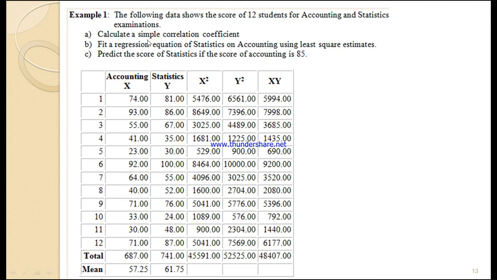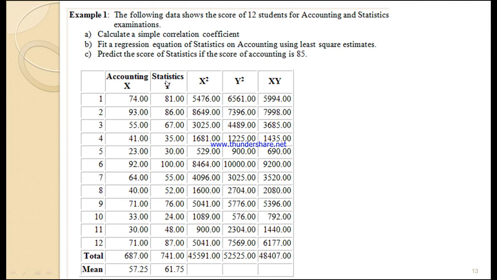Before we go forward to the simple correlation coefficient between x and y, let us compute the mean of x and the mean of y. The mean of x, or accounting examination results, is 57.25, which is obtained by adding the results in this column and dividing by 12.